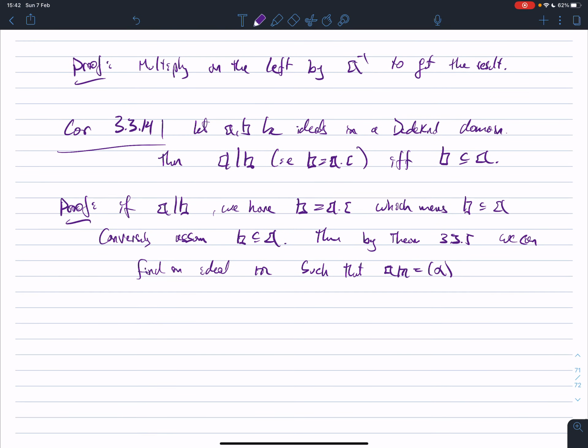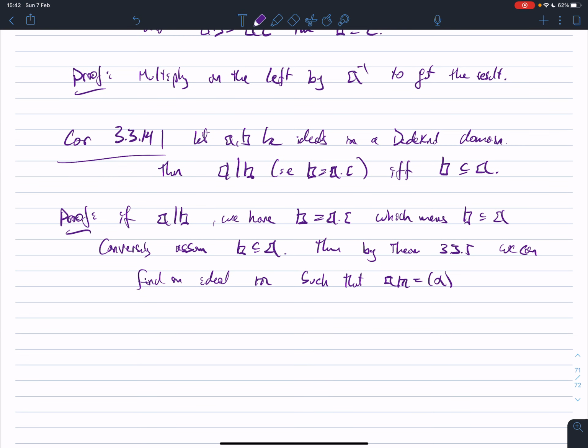This is what this theorem was telling us: we can always find an ideal such that the product is principal. So now, what does this mean? If we chain this up, I get M times B, which, since B is in A, is contained in M times A, which is alpha.